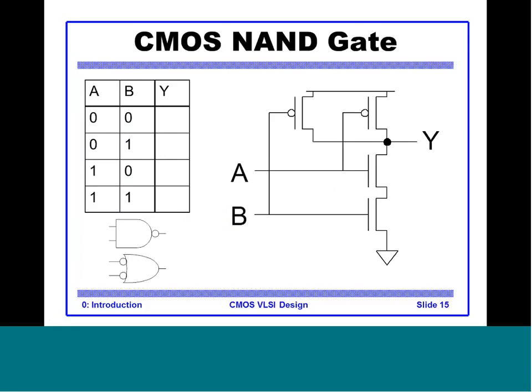Okay, let's look at a slightly more complex gate, which is the NAND gate. This is a 2-input NAND gate. In CMOS technology, always one input will correspond to one pair comprising an NMOS and a PMOS transistor.